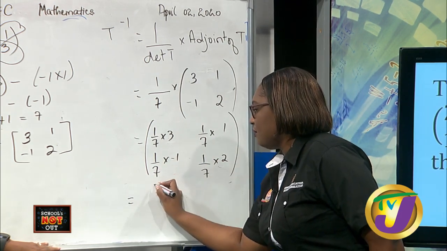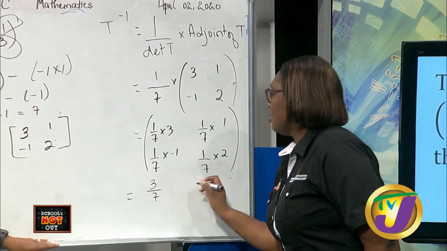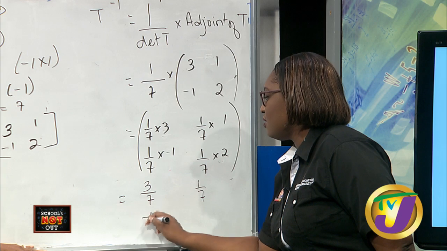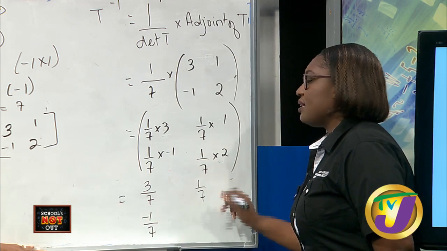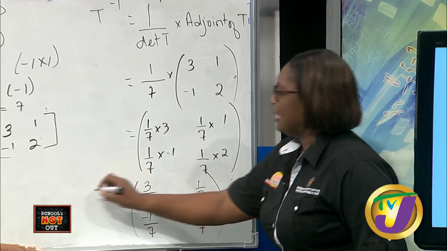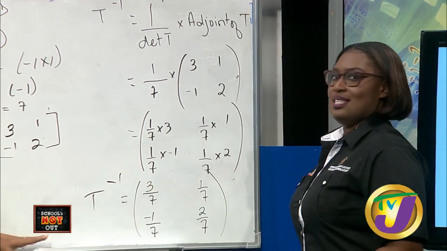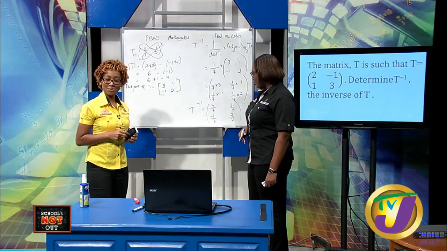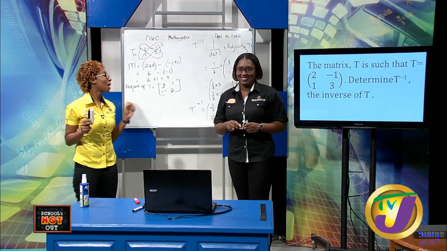So this is going to give me 3/7, 1/7, -1/7, 2/7. So T inverse, bam. Am I right? You are so right. You sure? I'm very right. You are so right.